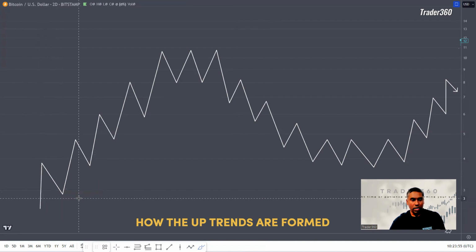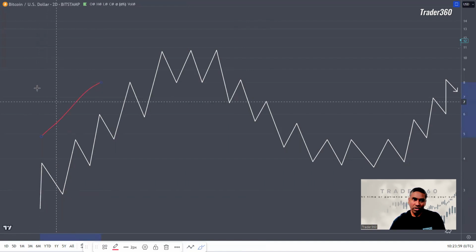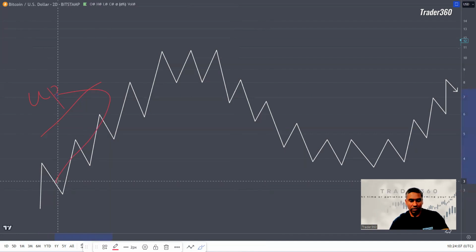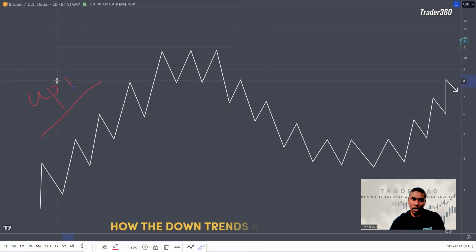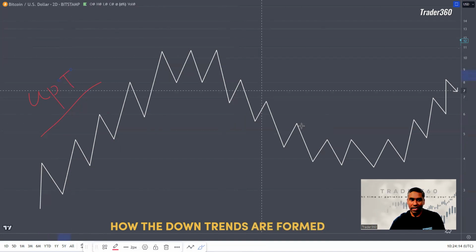And when prices are moving in an up wave, we call it an uptrend. So here, the prices are in an uptrend, while here, when prices move in a wave-like pattern but towards the downside, this is a downtrend.